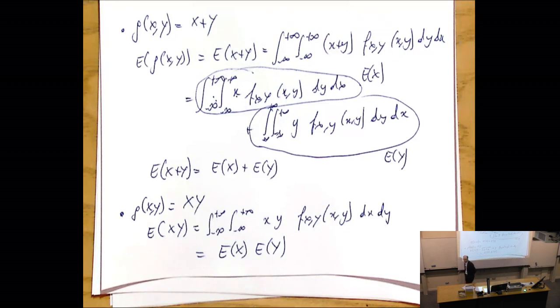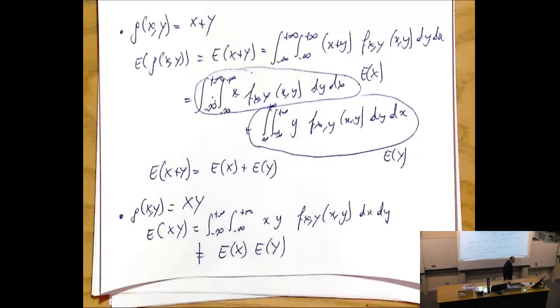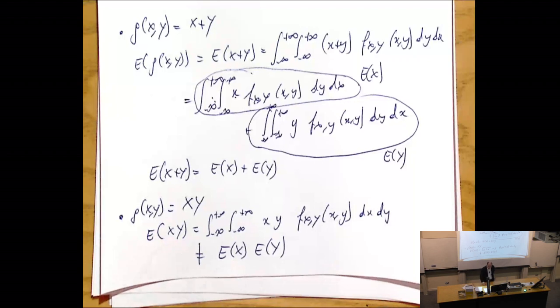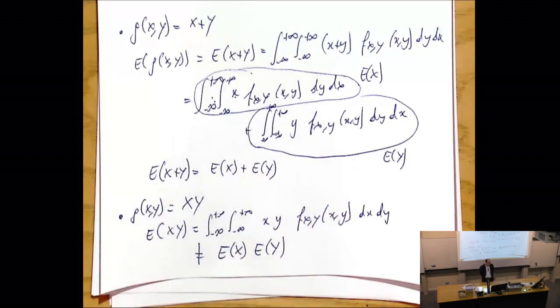Yes? No. That's wrong. You cannot do that. So don't make that mistake. I see this many times. This is not the same thing. We'll see again when this can happen. We'll look at this next lecture, but the expectation of the product of x and y is not equal to the product of the expectations. The expectation of the sum is equal to the sum of the expectations, but not the products. Good.